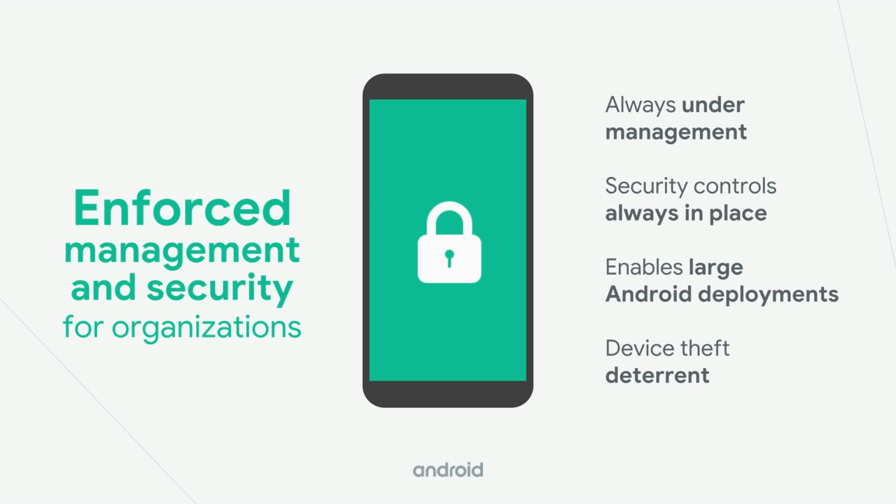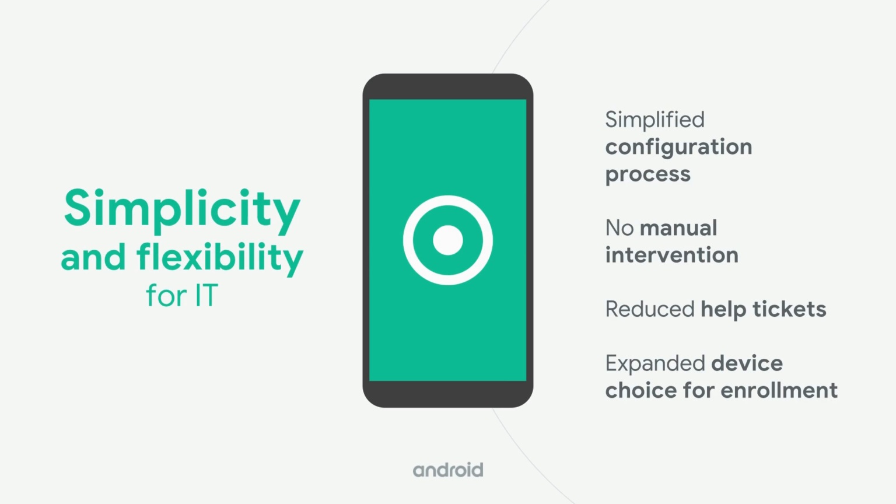Obviously, this is simple for the IT users. And it's flexible for them because the configuration, as we will see later on, is done through a configuration process in a console. So all the devices don't necessarily have to go through IT. The devices can go directly from the reseller to the end user.